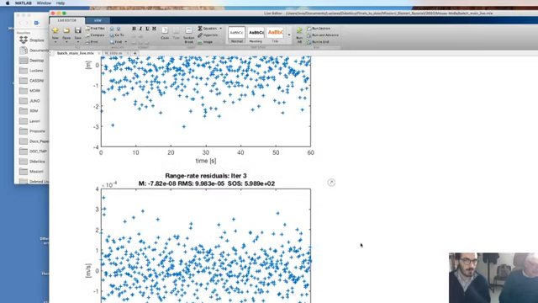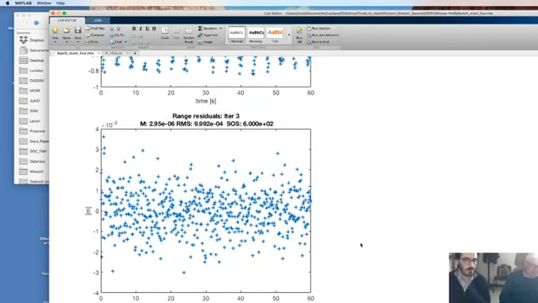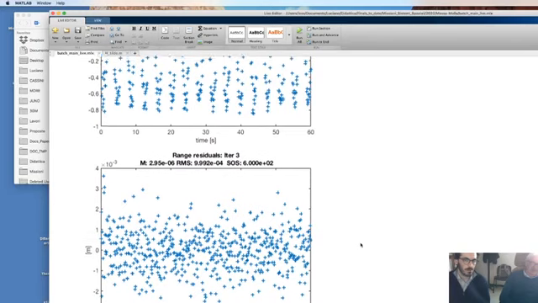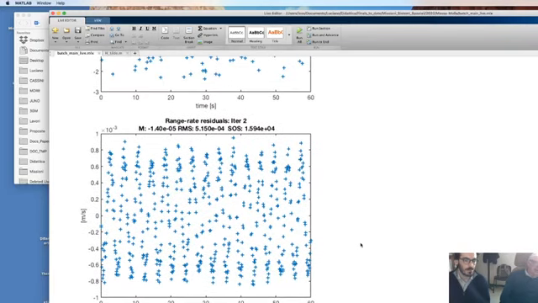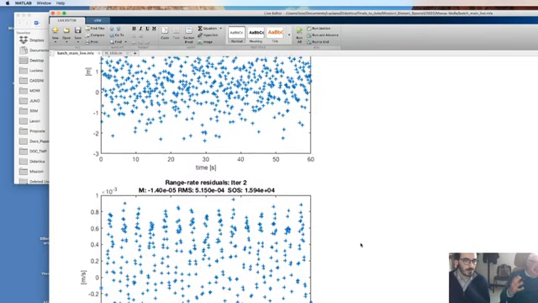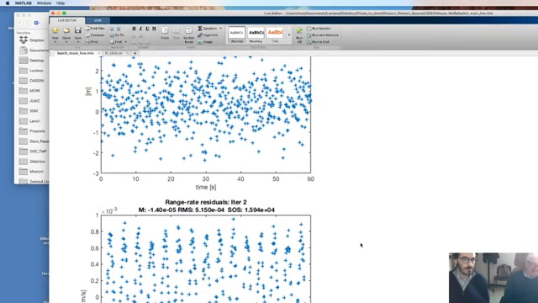This is a consequence of the fact that probably for this particular problem, range rate were very accurate, more accurate, and so they could still feel some mismatch between observed and computed. While for range, it was so noisy that one couldn't see any particular signature.